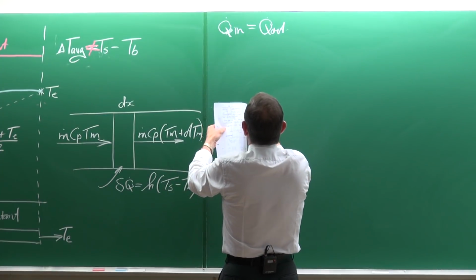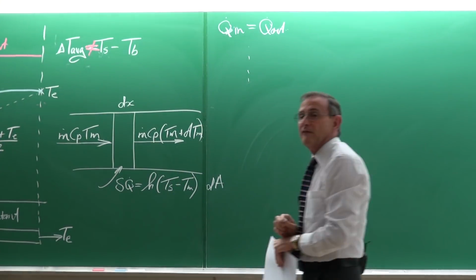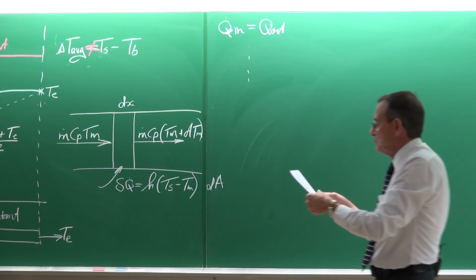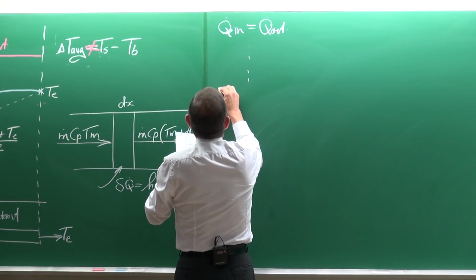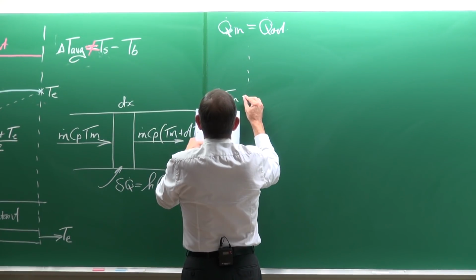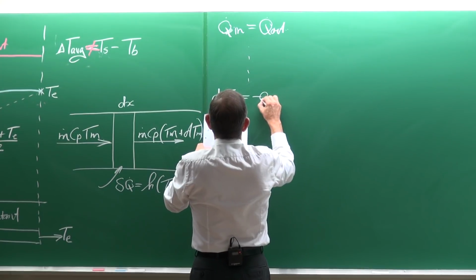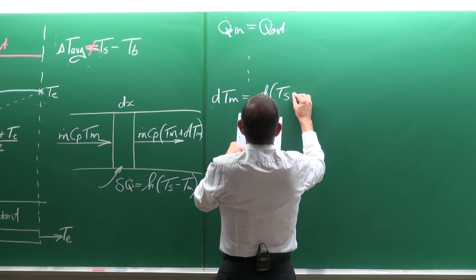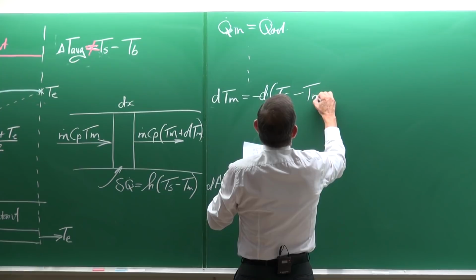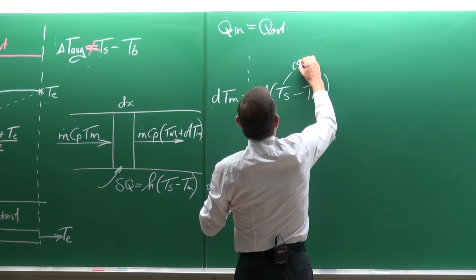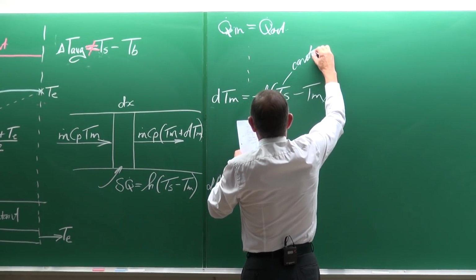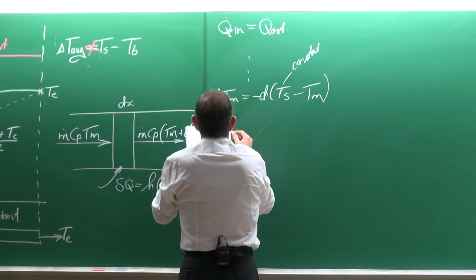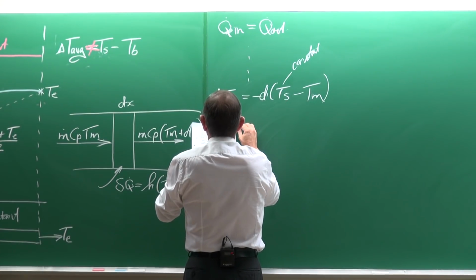And I'm not going to write down the whole derivation for you. It is in the textbook. But what is important that you should take note of is that dTm is equal to minus d(Ts minus Tm). And because Ts is a constant, you can end up with an equation which looks like this.